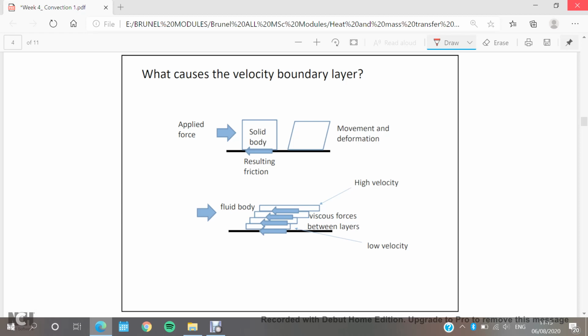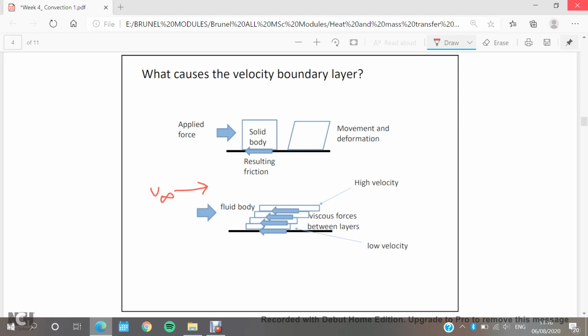So if we imagine that the fluid consists of different layers, and the fluid is moving in that direction because this is a free stream velocity, u infinity, but at the same time there is a viscosity between these layers, and between the first or bottom layer and the horizontal surface.